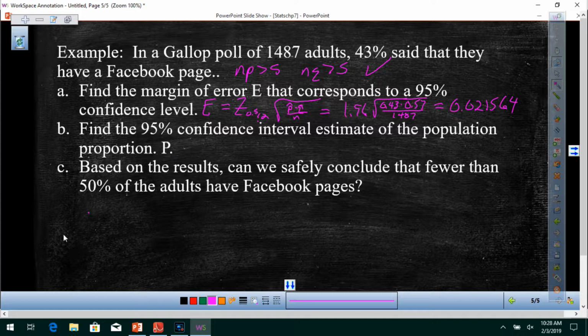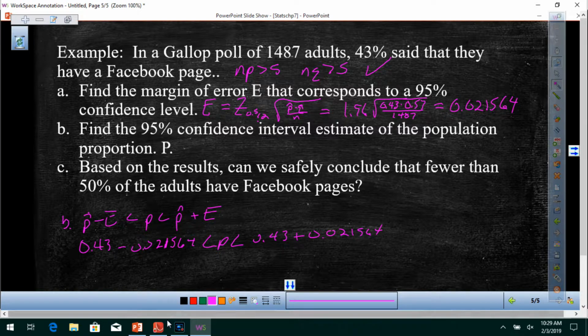We're looking for, in part B, P hat minus E is less than P, which is less than P hat plus E. So I'm going to have 0.43 minus 0.021564 is less than P is less than 0.43 plus 0.021564.